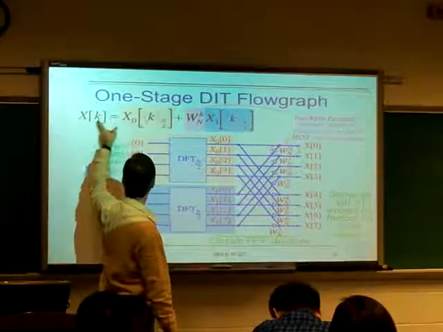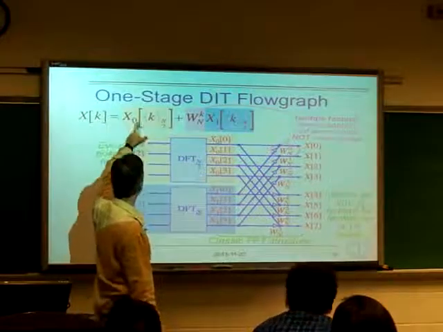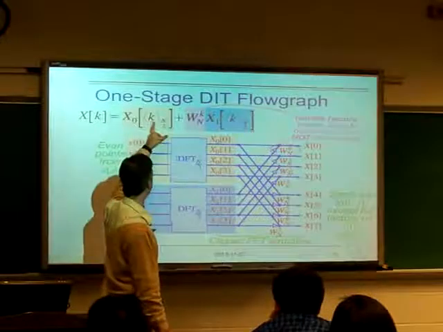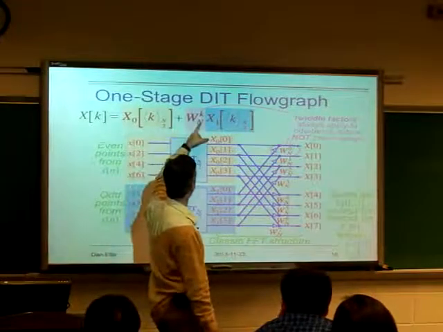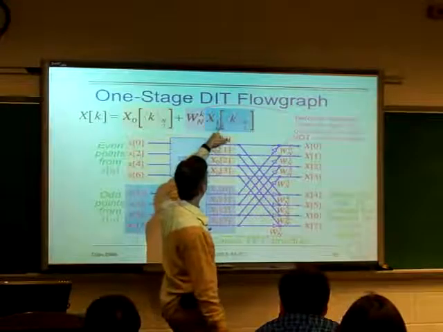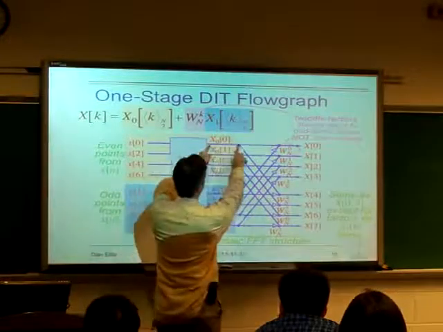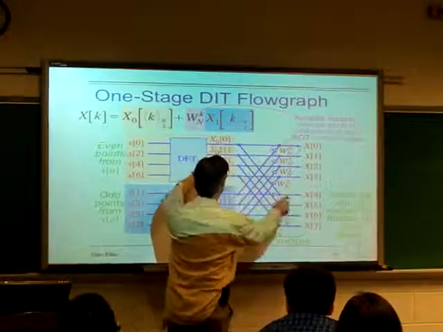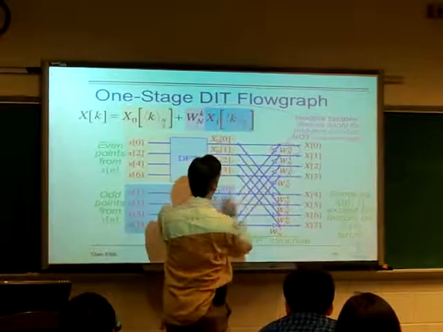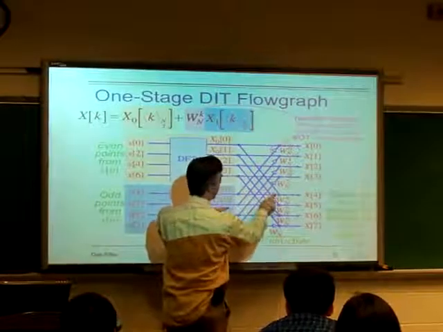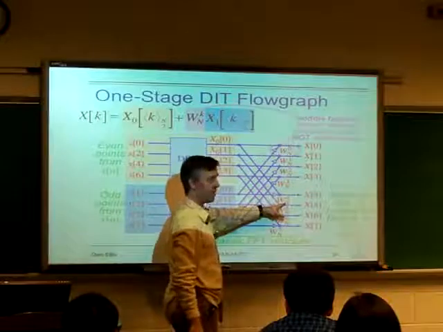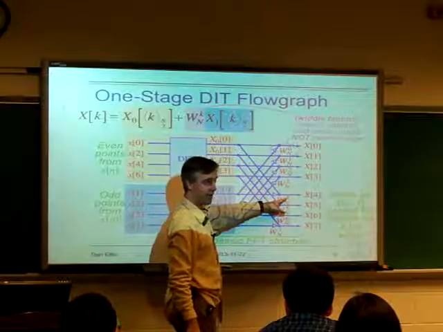So X of 4 is X0 of 4 mod 4, which is X0 of 0, plus W sub 8 to the 4 times X1 of 4 mod 4, X1 of 0. So X of 4 depends on X0 of 0 and X1 of 0, and then here's my twiddle factor, W sub 8 to the 4.